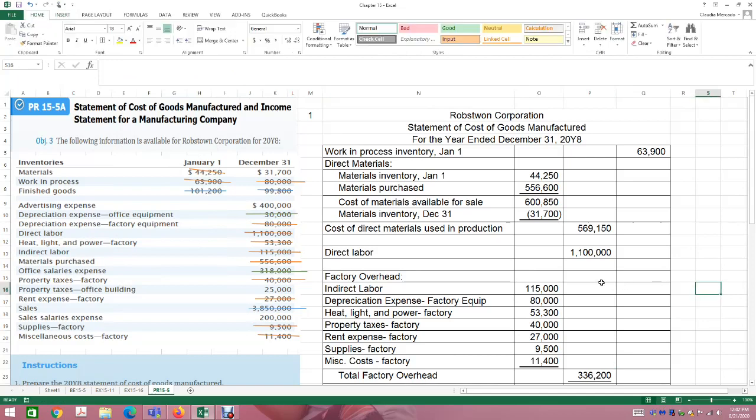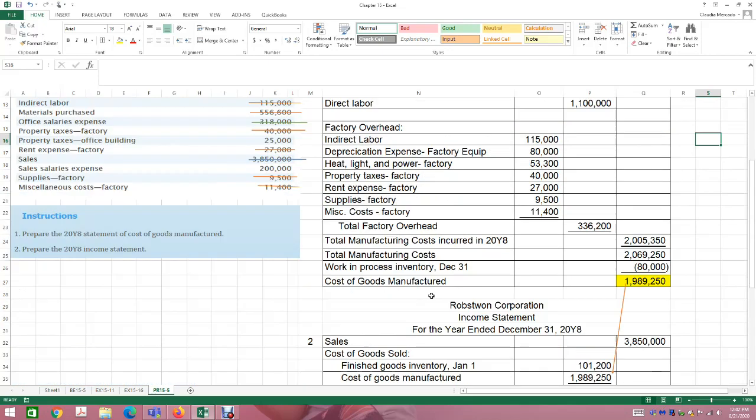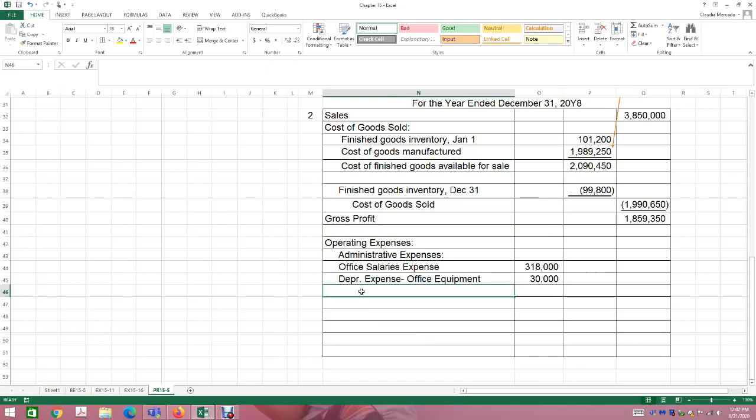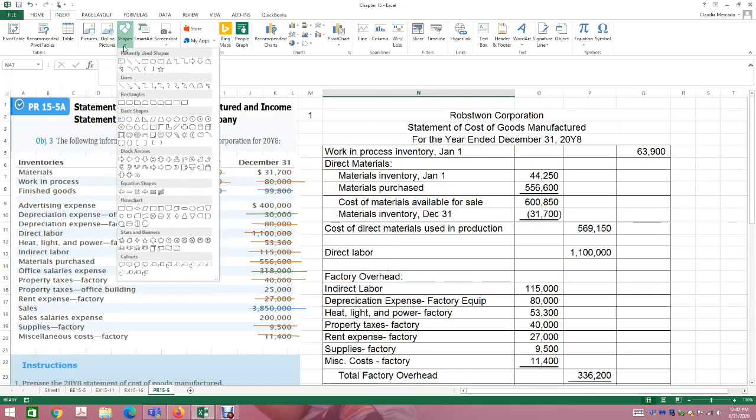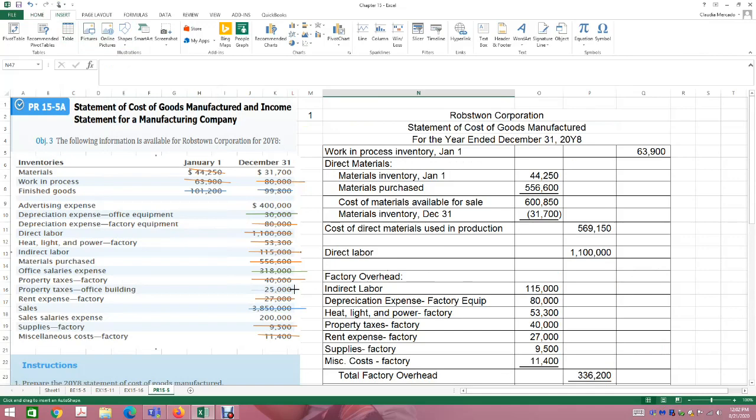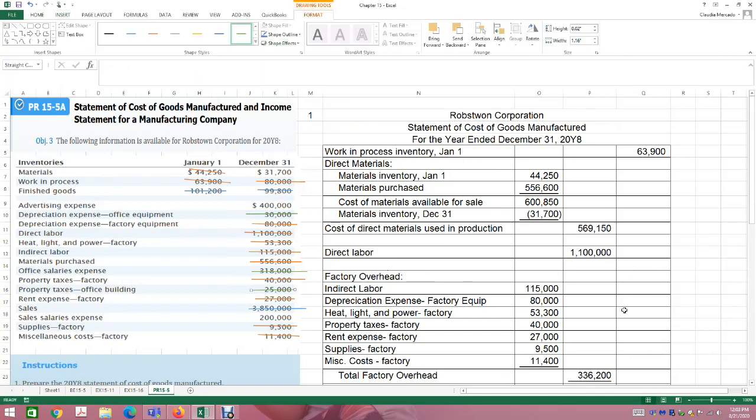So what else do we have? We also have property taxes on the office building. This is anything that has to do with the office. $25,000. Property taxes on the office building, and that was $25,000. Do we have anything else that's related to the office?